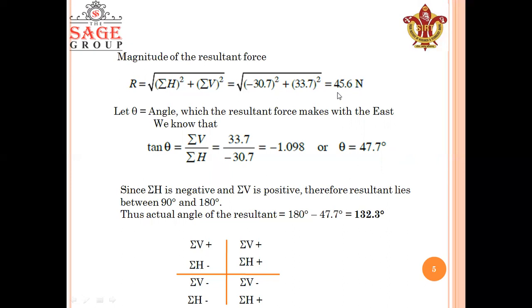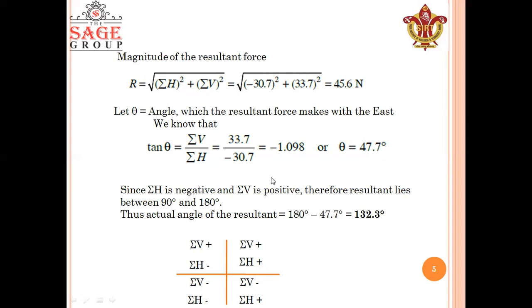But we also have to calculate the angle the resultant force makes with the east. We know that tan theta is equal to summation of V upon summation of H. With this, we get theta equal to 47.7 degrees.